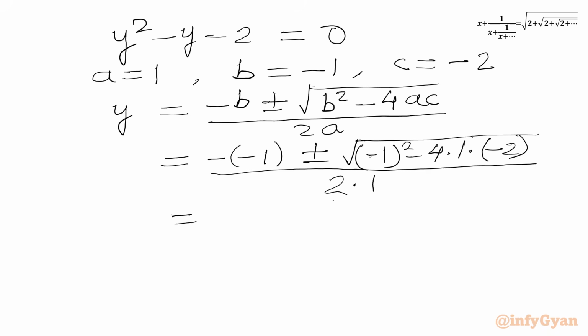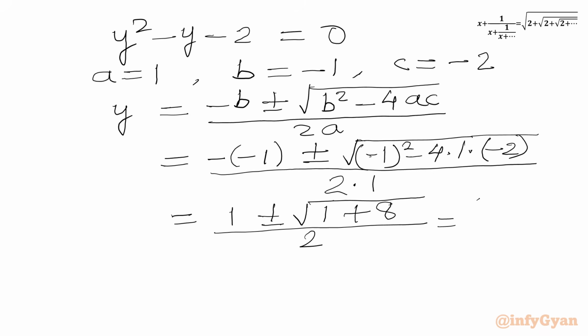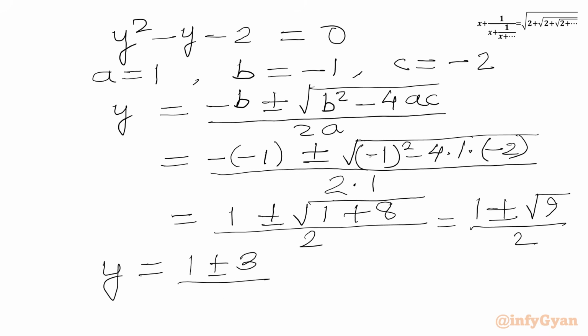Let's simplify. We'll get 1 plus minus square root of 1 plus 8 over 2, which will be equal to 1 plus minus square root of 9 over 2. Now we know that the square root of 9 is 3. We will write 1 plus minus 3 over 2.